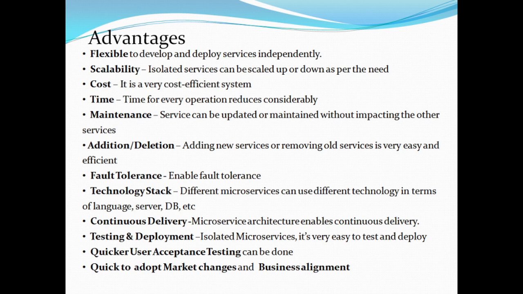Testing and deployment can be done in an isolated fashion by using microservices, and microservices also enable you to achieve quicker user acceptance tests. By using microservices architecture, it is easy to adapt to market changes with your application, and business can be aligned according to your application architecture.